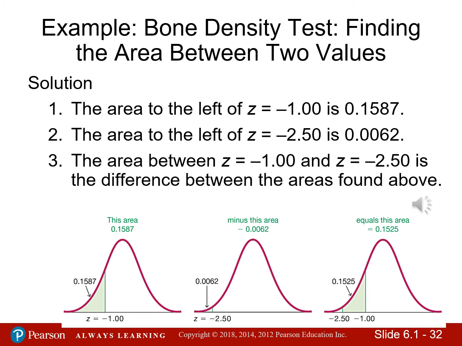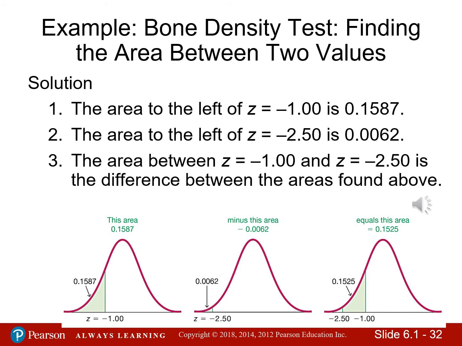Next, we want to find the area to the left of z equals -2.5, and that is equal to 0.0062. So the area between z equals -1 and z equals -2.5 is the difference between the two areas we just found above.